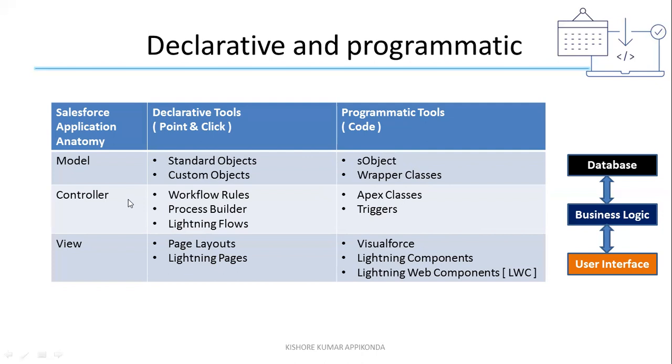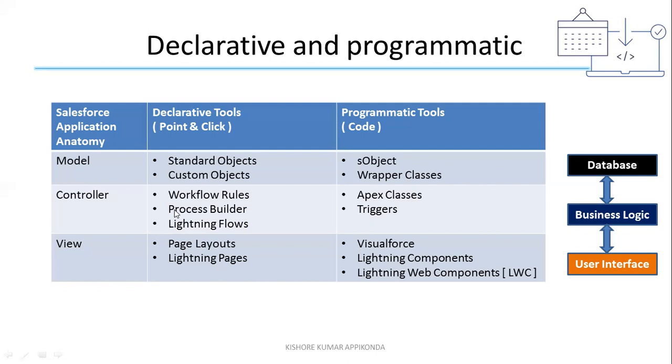Then, for the controller, Salesforce by default provides a lot of out-of-the-box automation tools like workflow rules, approval process, Process Builder, and Lightning Flows. But complex requirements we may not achieve through these out-of-the-box automation tools.